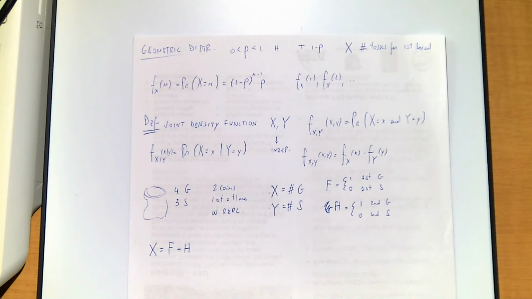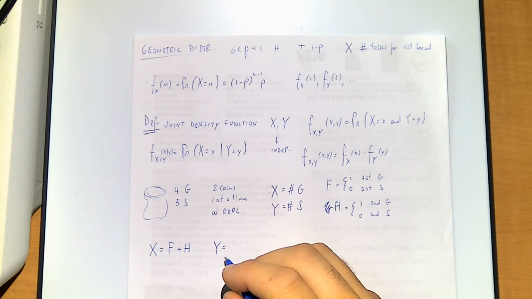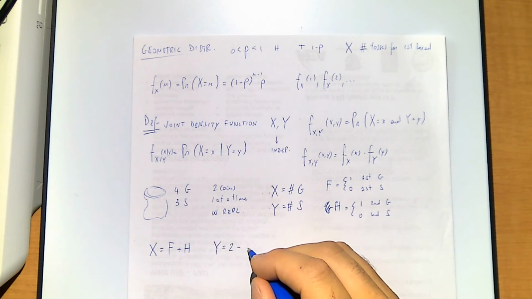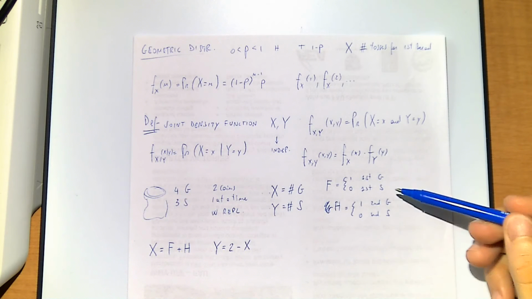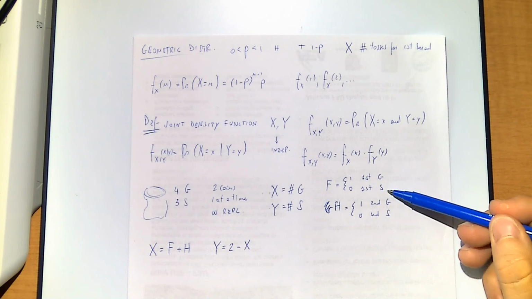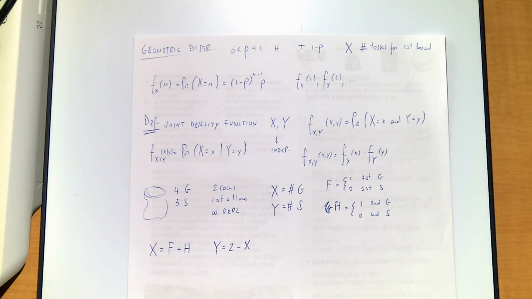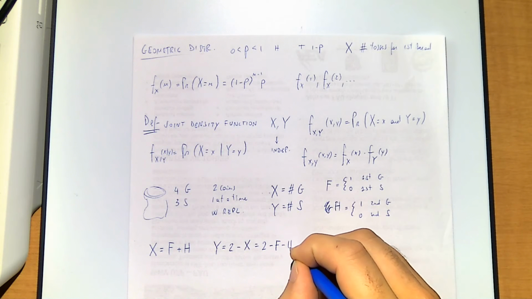And then y is going to be 2 minus x, because y counts the number of silver coins. So if we draw 2 gold coins, then I get 0. And if I draw 2 silver coins, then I get 2, and so that's why it's 2 minus x. So actually I can think of this also as 2 minus f minus h.